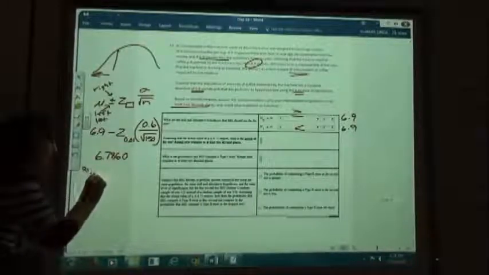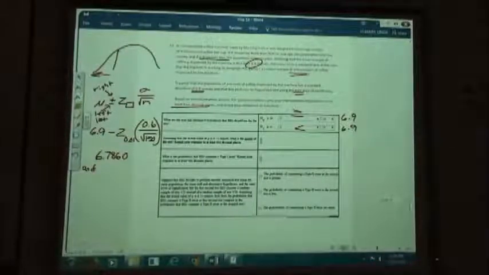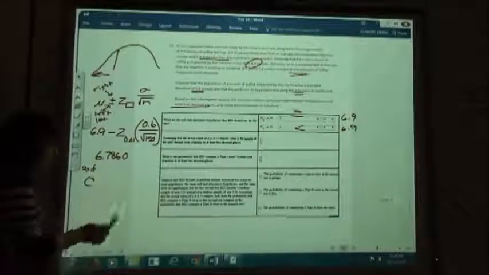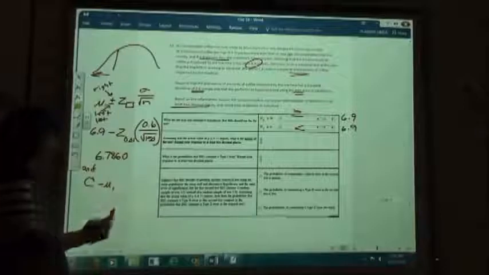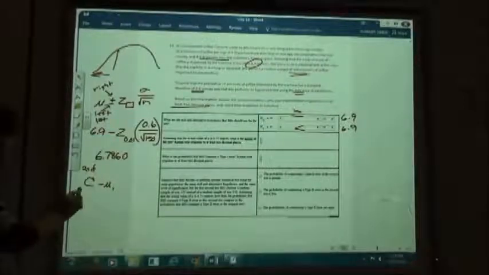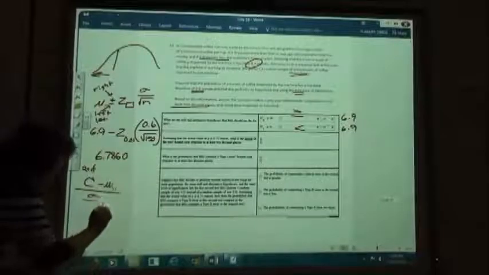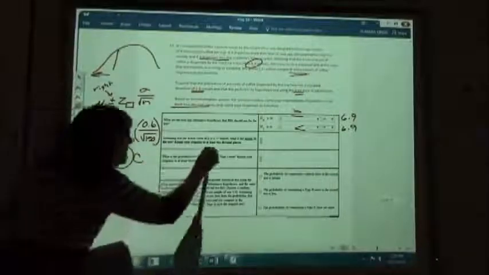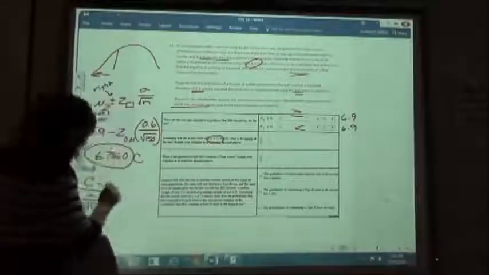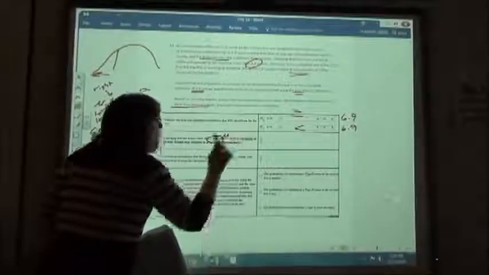Our second step now is using that formula that looks like the one we did today, but they changed it a little bit because our numbers are different. It looks like this: C minus the mean over the standard deviation over the square root of n. This value here is your C value. This value here is your mu sub 1 value.